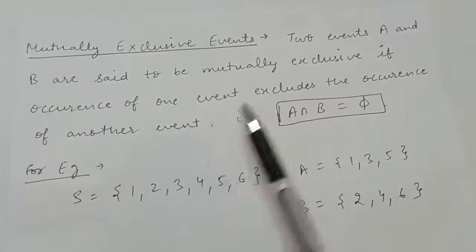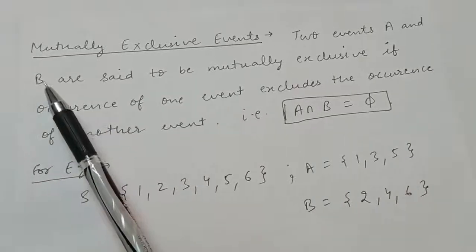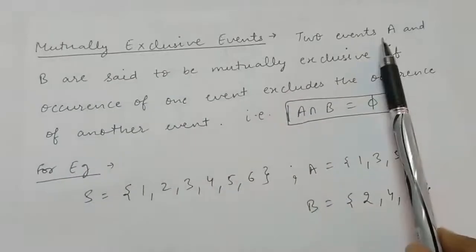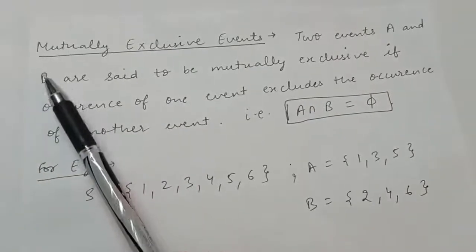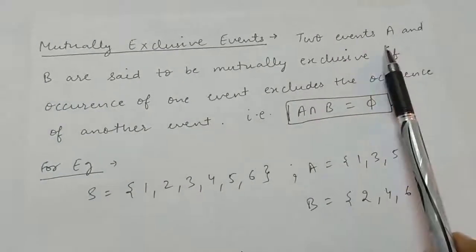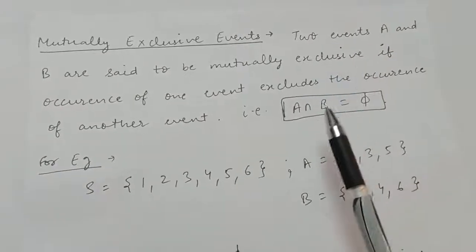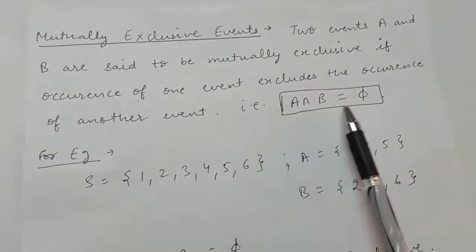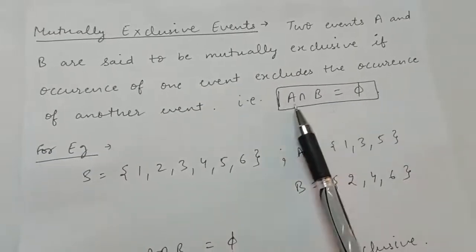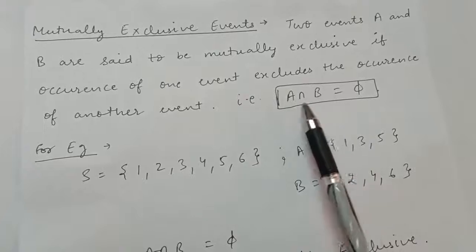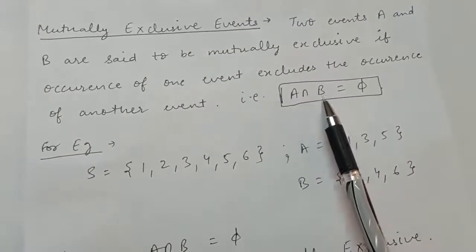That is, if A occurs, then B does not occur, or if B occurs, then A does not occur, then we say that A and B are mutually exclusive. That is, A intersection B is equal to phi, right? If there is nothing common in the two events A and B, then we say that they are mutually exclusive.